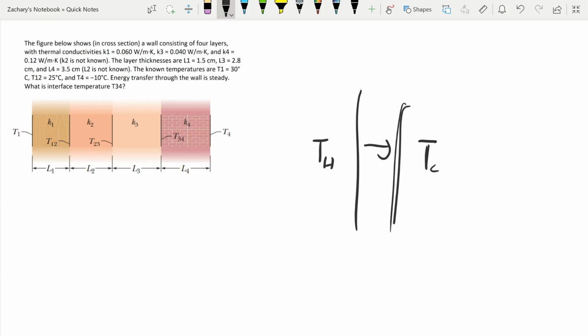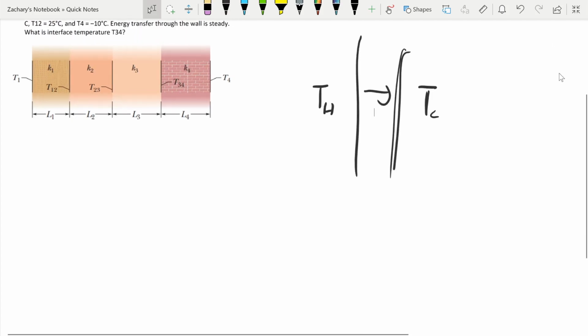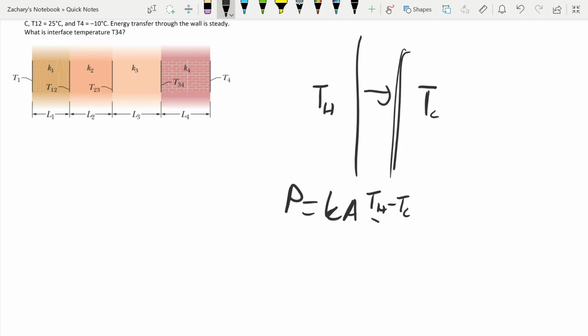So what is the rate of the energy transfer through this slab? Well, the formula is determined experimentally, and it turns out it's this. The rate of energy transfer is just the power, and so the power conducted through the slab is equal to KA times (TH minus TC) over L.